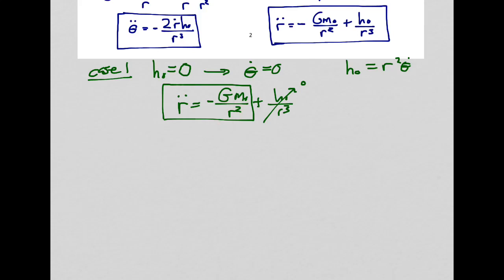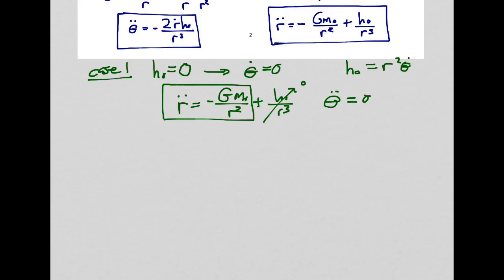And so what we're saying here is that the small mass is going to be accelerating straight into the large mass, and then they're simply going to collide. Also, theta double dot is equal to 0 because if we set h naught equal to 0, that term goes to 0 as well.